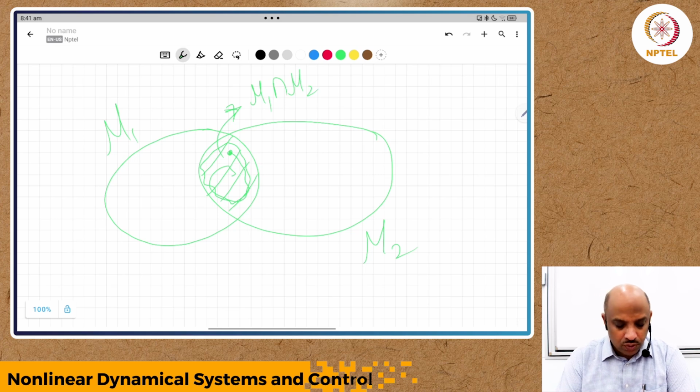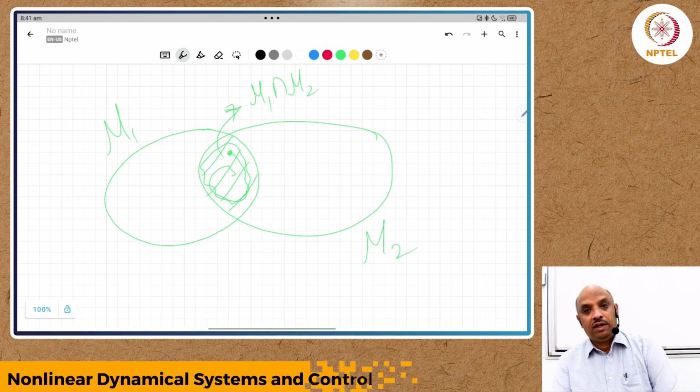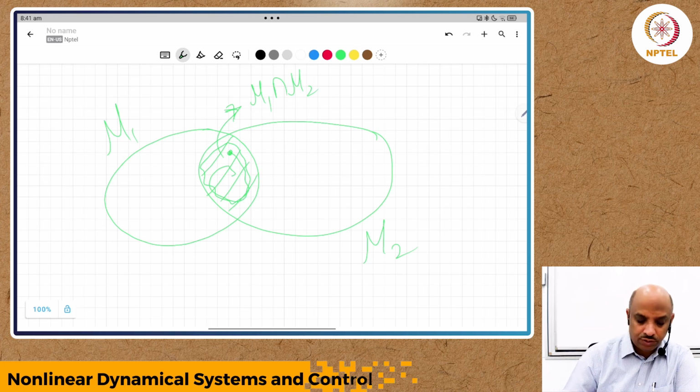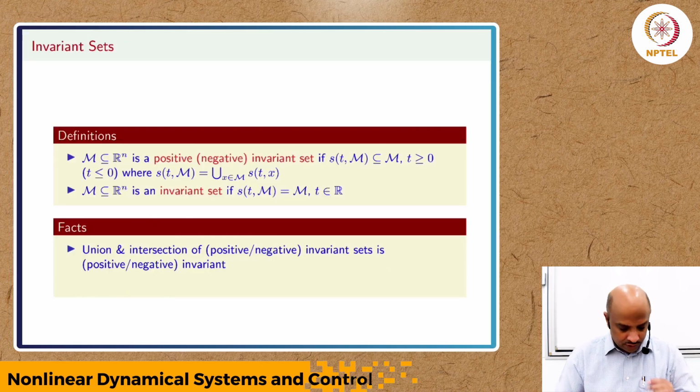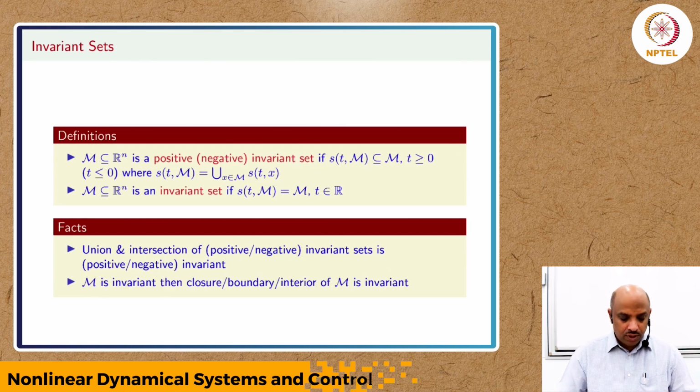In other words, the union of M1 and M2 is not a minimally invariant set. You can find smaller invariant sets within it, and that happens to be the intersection, and perhaps there are even smaller invariant sets within these two sets. I hope that makes it obvious why this result is true.